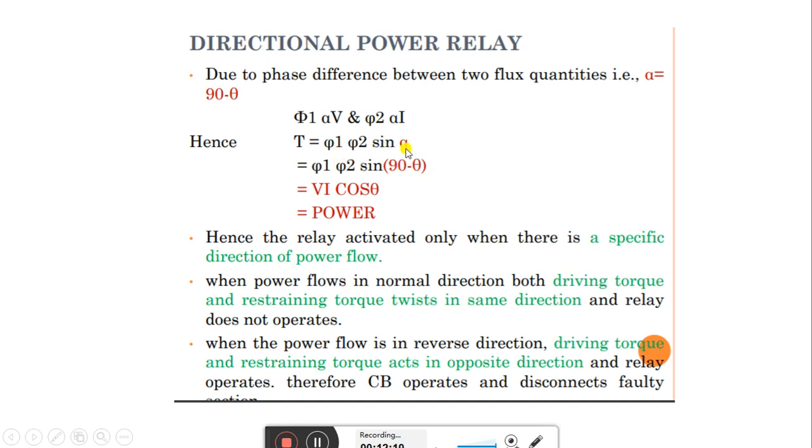What is alpha? Alpha equals 90 minus theta.